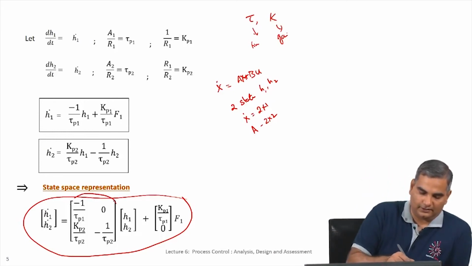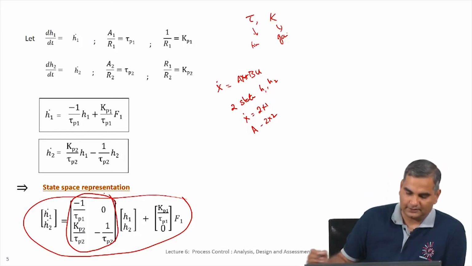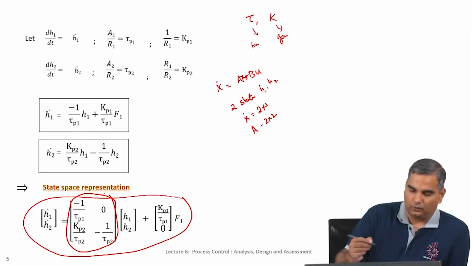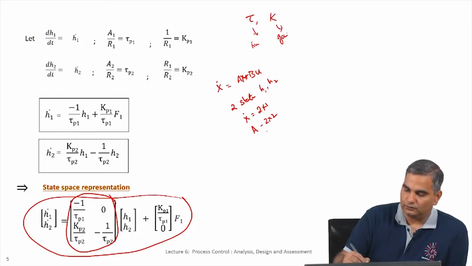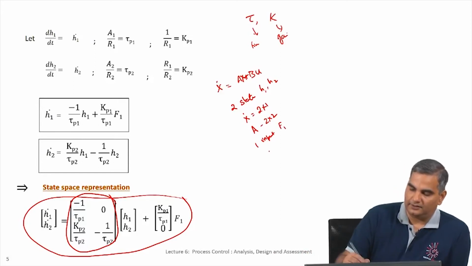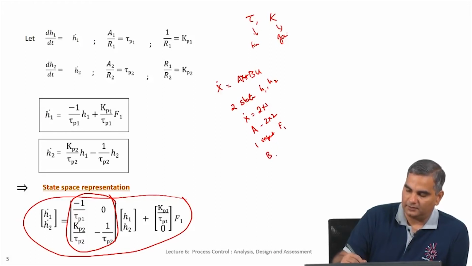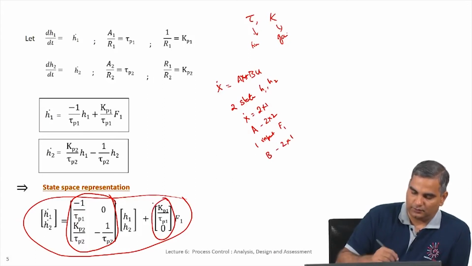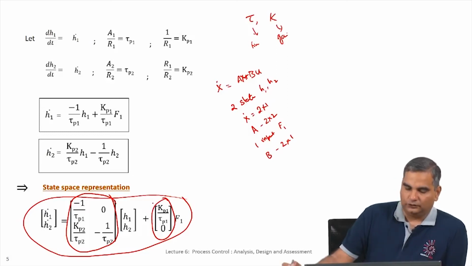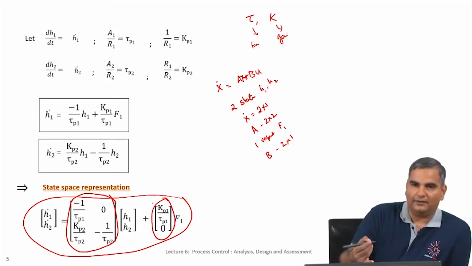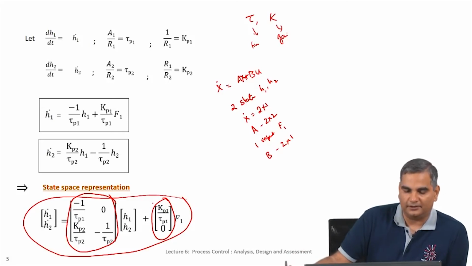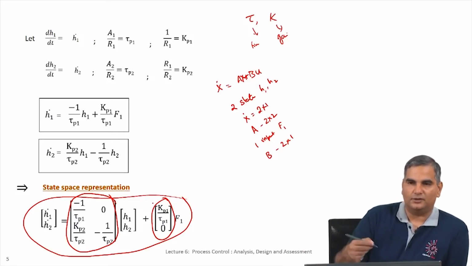There is only one input u, which is F1 or Fi. Then the B matrix has to be of size 2 by 1, and you can see that this is a 2 by 1 matrix right here.